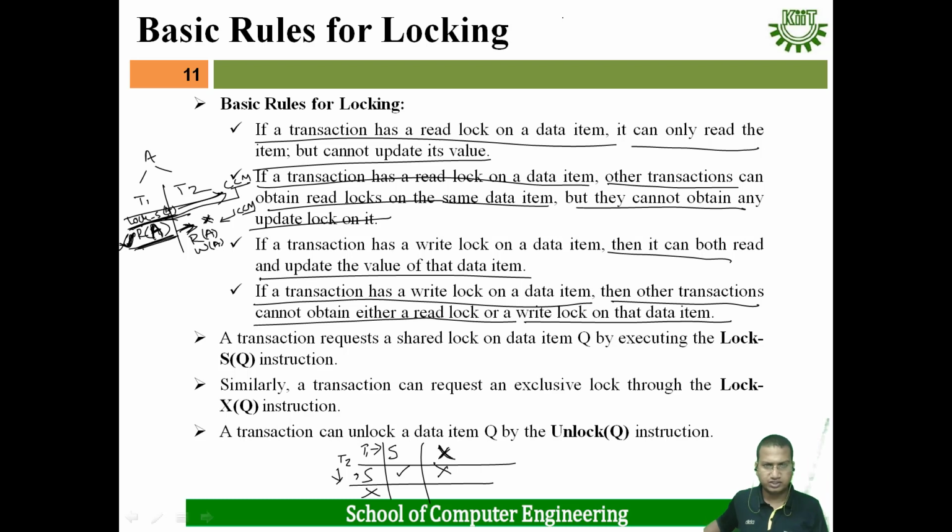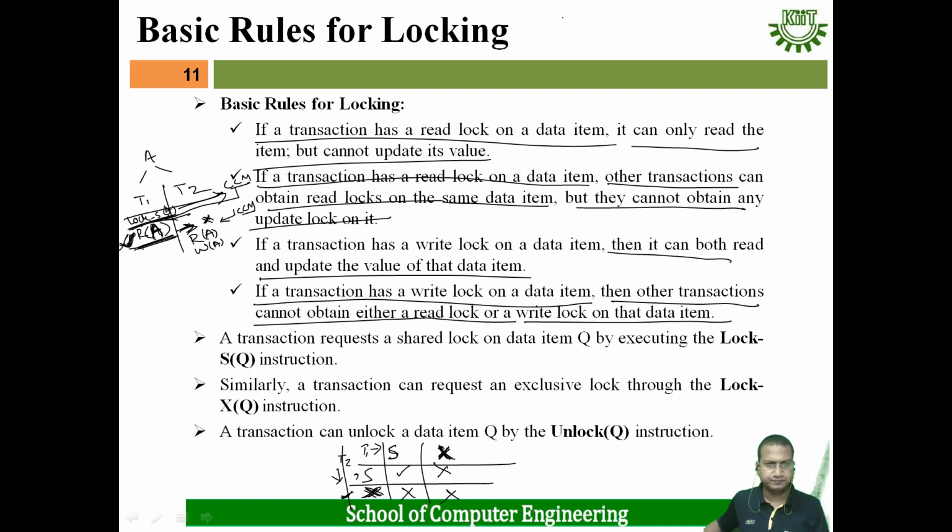Similarly, suppose the T1 transaction applied a read lock on a data item and the T2 transaction wants to apply an exclusive lock, it is not possible. Similarly, suppose T1 applied an exclusive lock on a data item and T2 wants to apply an exclusive lock on the data item, it is not possible.